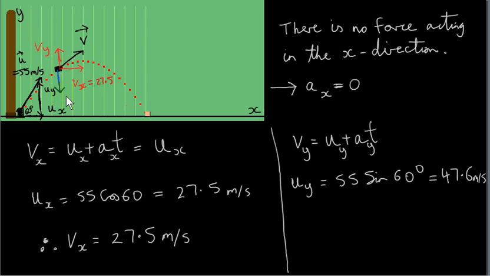That's the magnitude of this vector here. So the acceleration is entirely in the y direction. Here's the acceleration. It normally has two components, x and y, but the x component is 0. So the acceleration is entirely in the y direction. And its magnitude is 9.81.